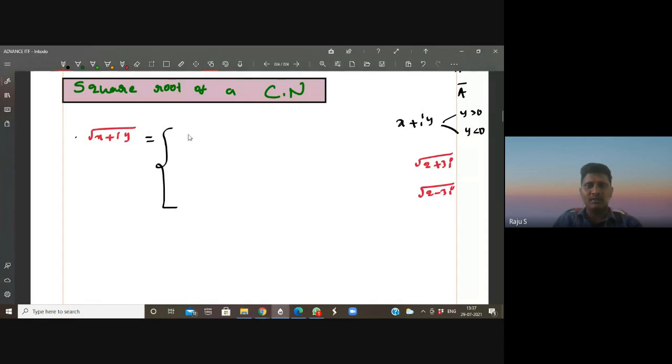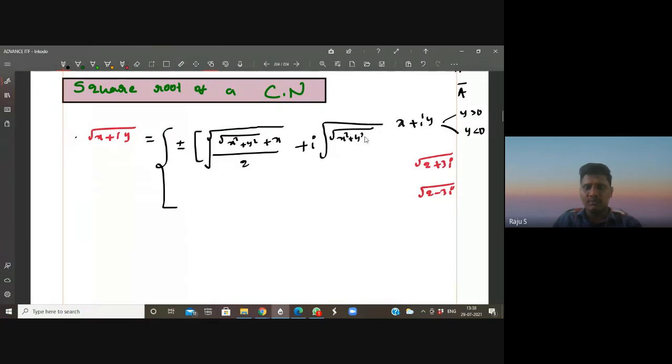When y is greater than 0, root of x plus iota y equals plus or minus [square root of (square root of x square plus y square, plus x) by 2, plus iota times square root of (square root of x square plus y square, minus x) all divided by 2].